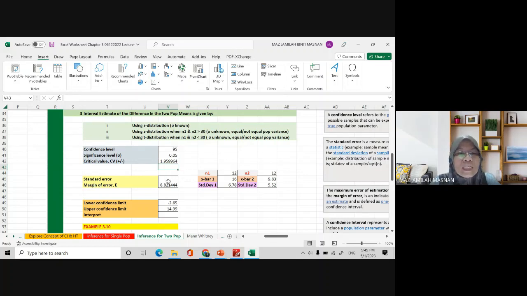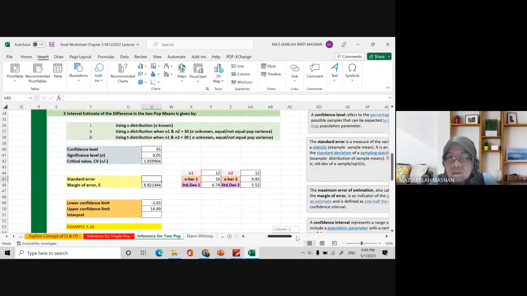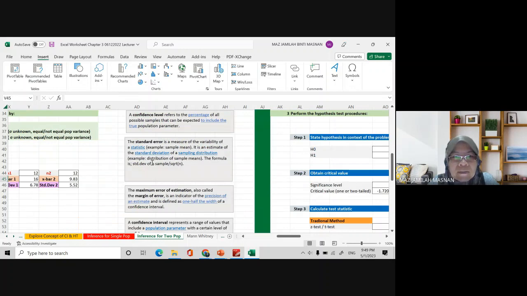Now, what is standard error? Standard error, you can see from here, the formula is the standard deviation divided by the square root of n.